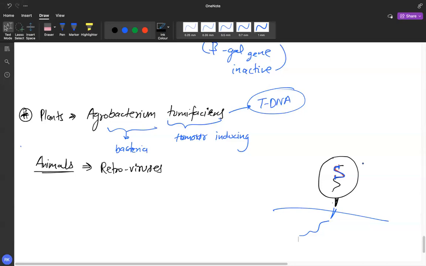If your transformation has not worked properly, at worst, if an adenovirus vector fails, what will happen is a cold or a fever. But if an HIV vector fails, the person will get HIV. You don't want to do that, right?